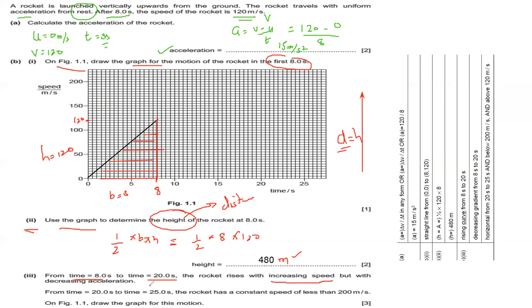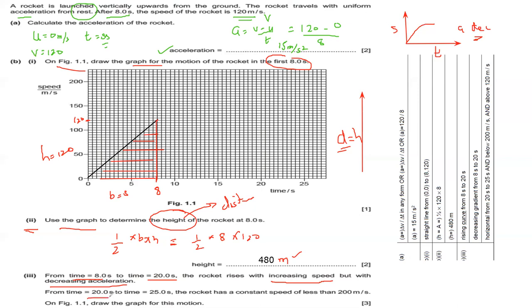So when acceleration is decreasing, how do we complete a graph? We reduce the slope. I will complete the graph as well, but explaining the idea: when it's a speed time graph, if acceleration is decreasing, we should draw a decrease in gradient.